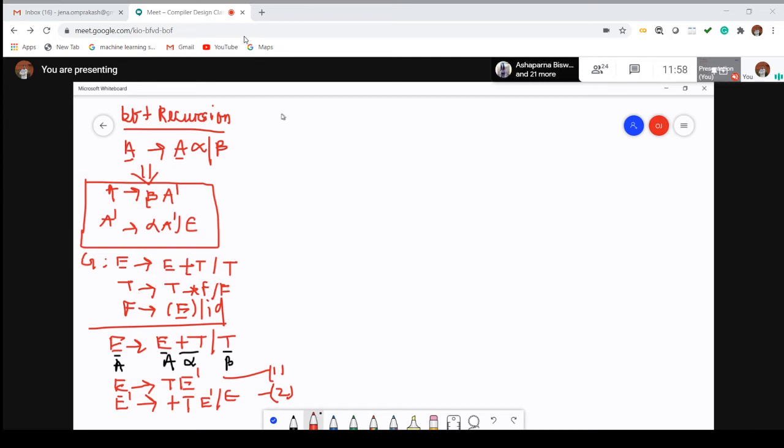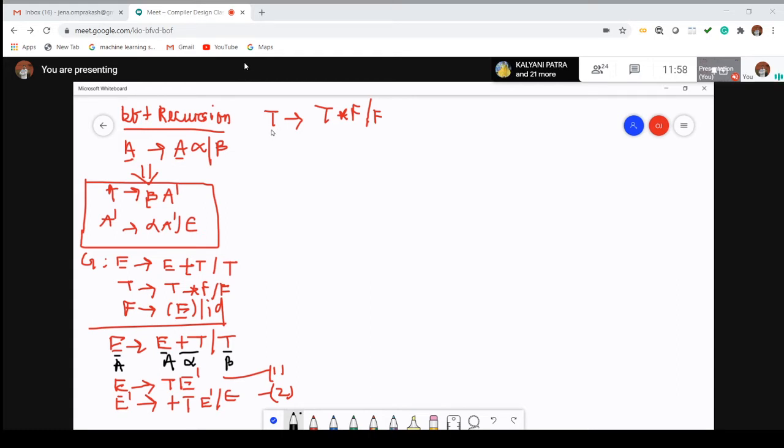For the second production, what is it? It will be T to T star F or F. Can I write it in the form of A to A alpha or beta or not? Now you can check how you can know whether left recursion exists or not.